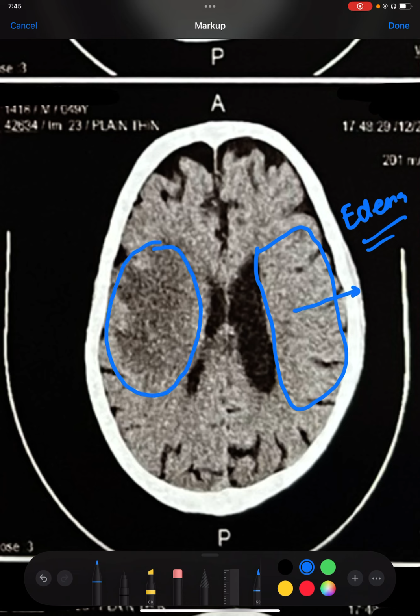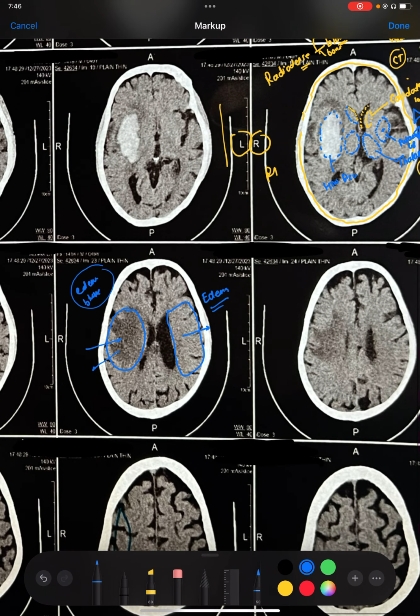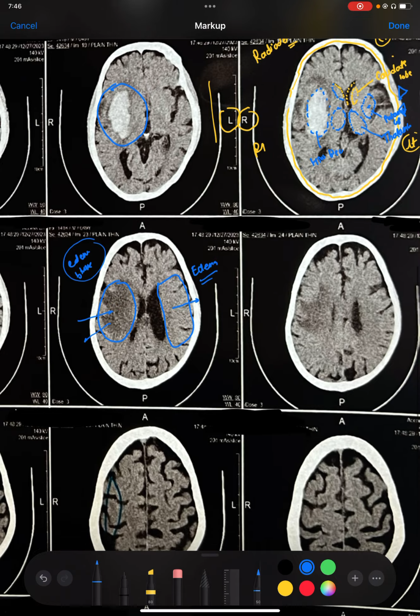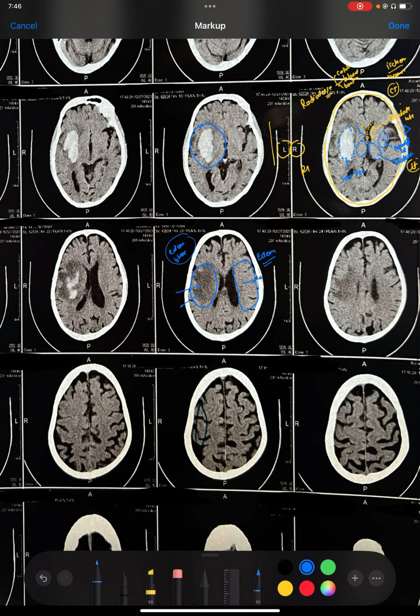You can see that there is a blackish shadow or radiolucency, and usually radiolucency or blackishness on the CT scan in the brain always suggests either edema or an acute ischemic stroke. Here, as we know that there is significant bleed, there is edema around, there is accumulation of water inside these brain cells that is causing this type of radiolucency.